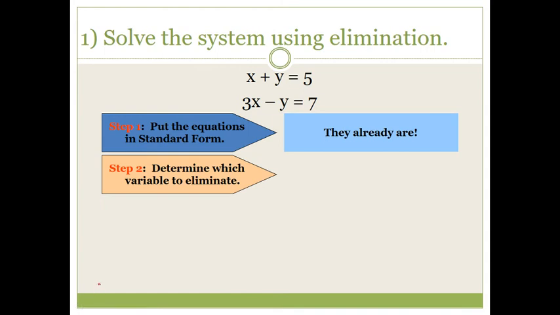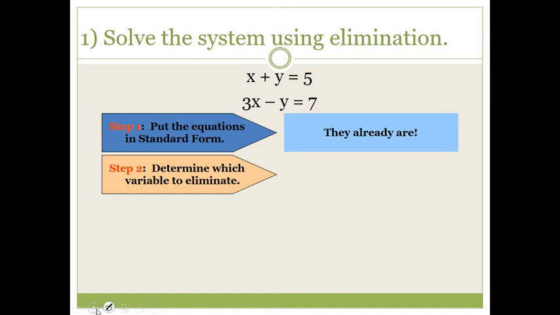The next thing we do is determine which variable we want to eliminate. All right, so remember what I'm trying to do when I say eliminate. I want to add the 2 equations together, and I want to add them so that when I add them, one of the variables goes away. And the only way that happens is when you have a positive and a negative, equal and opposite coefficients in front of one of the variables.